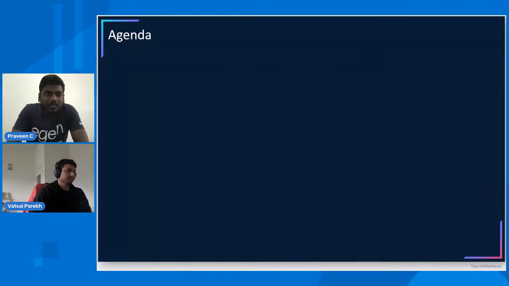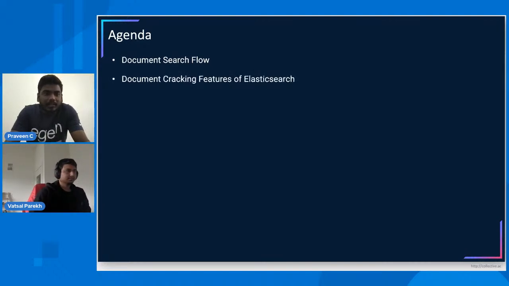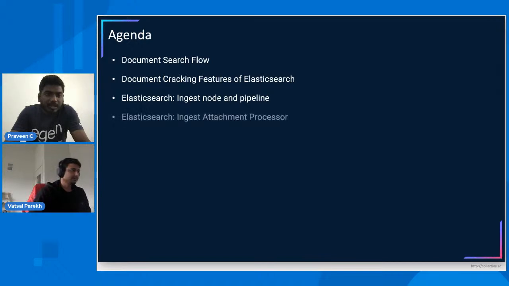And now for the agenda of the session. First we'll see how a basic document search flow would look, the architecture of it, and then we'll see the features provided by Elasticsearch for document cracking and searching. Then we'll discuss in detail the ingest nodes and pipelines which Elasticsearch provides, the ingest attachment processor, and also the text analysis for the pre-processing of this text.